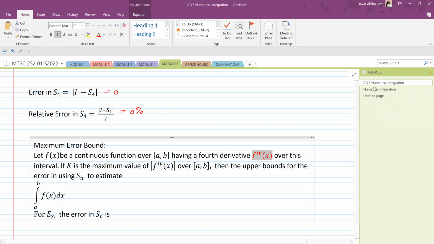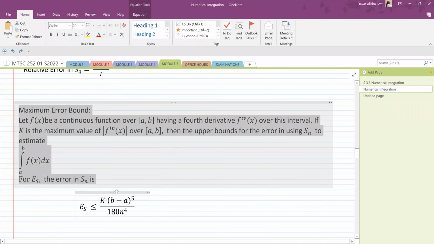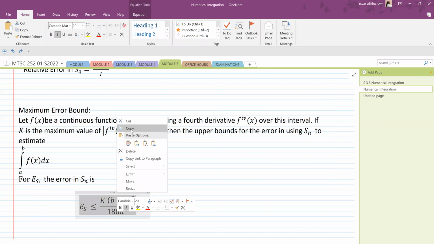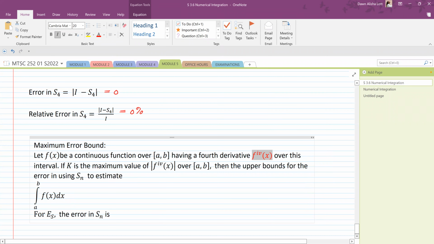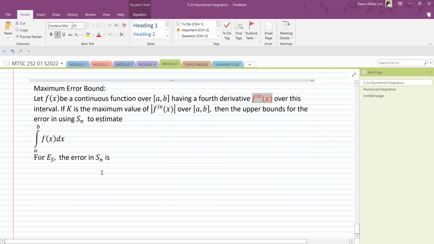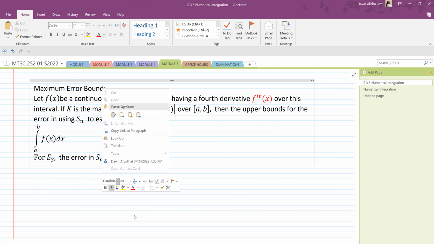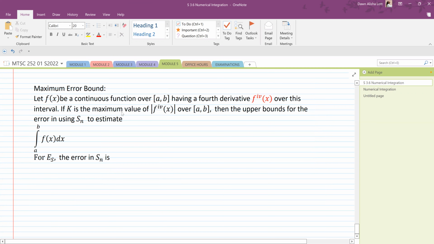And not only is k the fourth derivative, the maximum error in Sn turns out to be smaller than k, which is the maximum of the fourth derivative, times b minus a to the fifth over 180 n to the fourth.